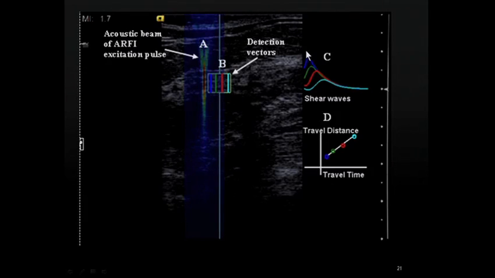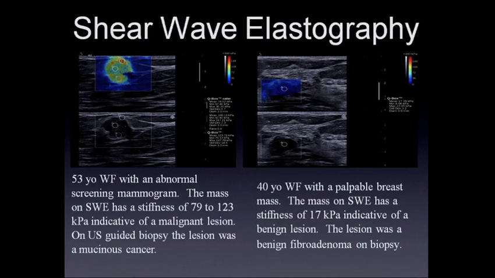And then if we plotted the peak of the curve versus the time, the slope of this line actually is the shear wave speed. And this shear wave speed is what we're going to color code to overlay on the map. Here's some examples.